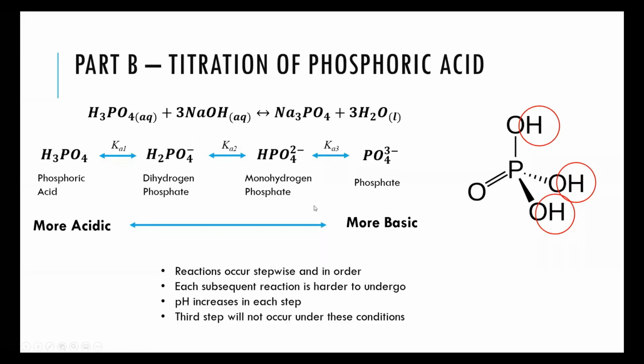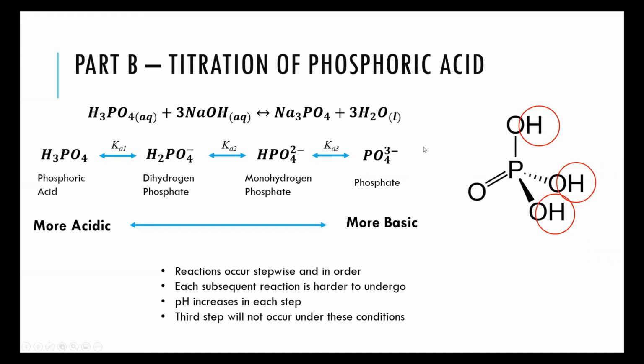In the second part of the experiment, you're going to be preparing a titration curve of phosphoric acid and sodium hydroxide. You're going to use the pH meter as you used in the previous experiment and measure the pH over 25 different points.